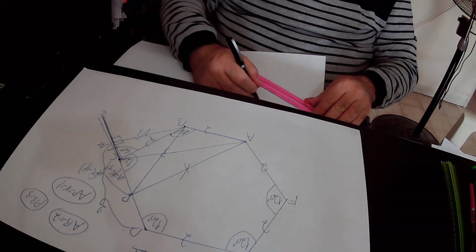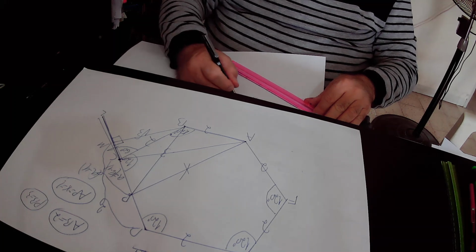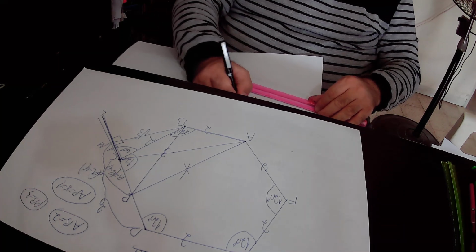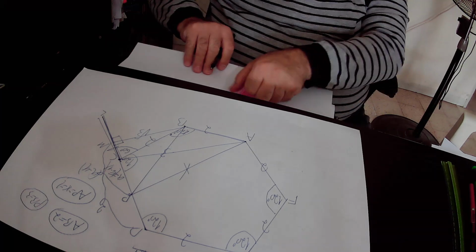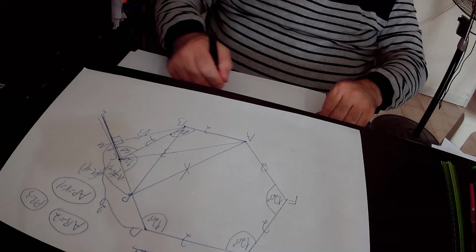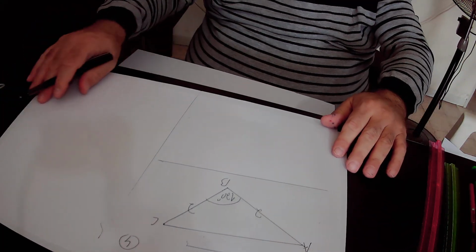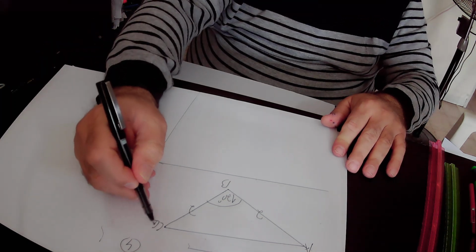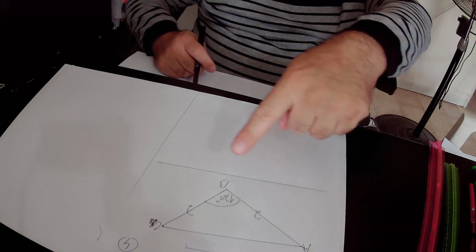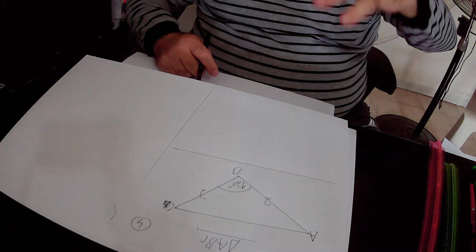Angle ABC equals 120 degrees, side AB equals 2 units, side BC equals 2 units. So actually this is triangle ABC that I copied from the original drawing. Side AB equals 2 units, side CB equals 2 units, and this angle ABC equals 120 degrees.